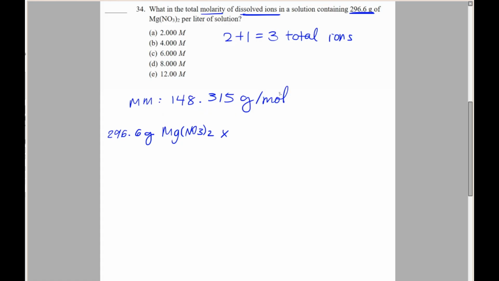So we're going to put the number of moles on the top, so 1 mole over 148.315 grams of MgNO3, because this way the grams will cancel out and we will get our intermediate number in moles, which is what we want.